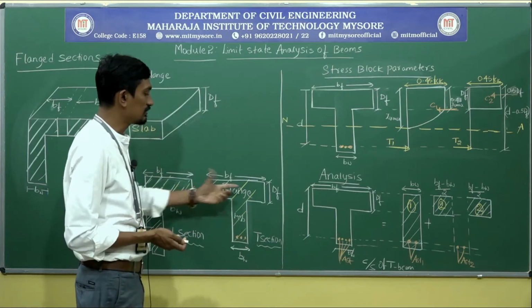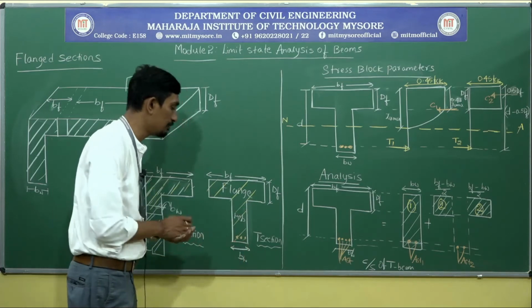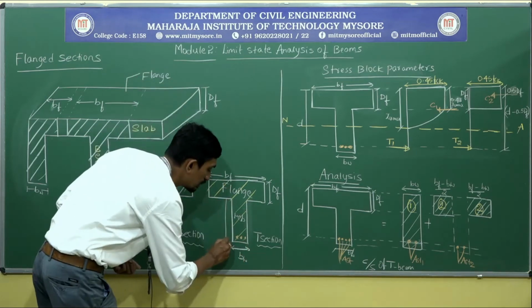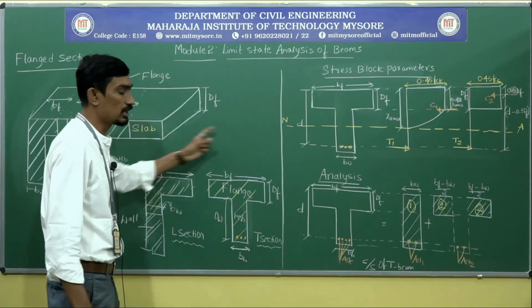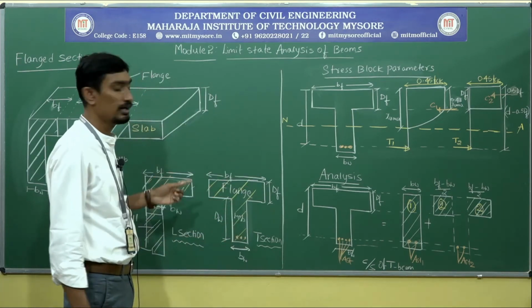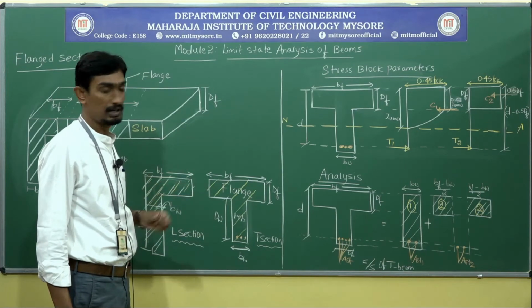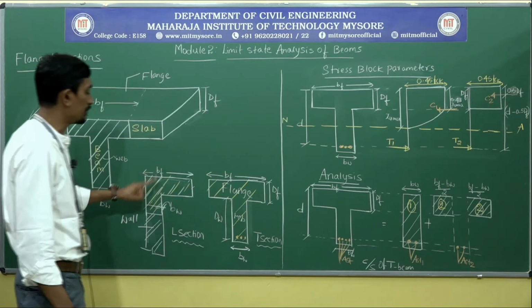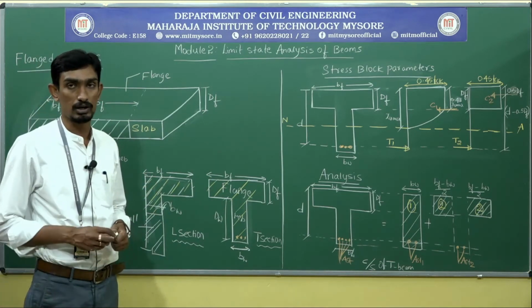This will be the depth of the flange, this will be the width of the web, and this will be your depth of the web. So these are all the components of flanged sections. It may be T sections or it may be L sections. Both we can come across.